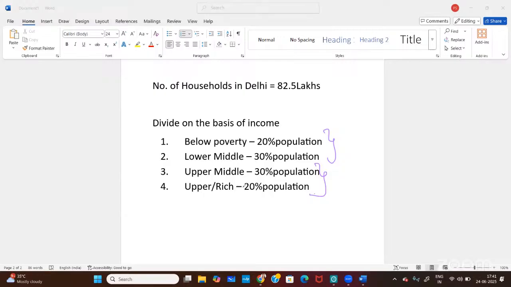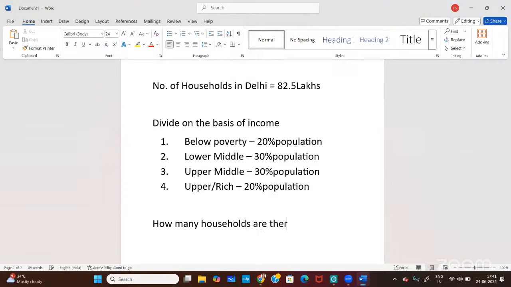Now we need to calculate how many households are there in upper middle and upper rich.